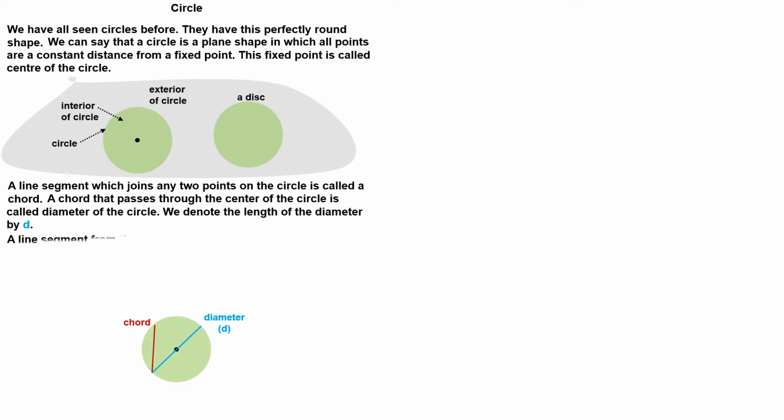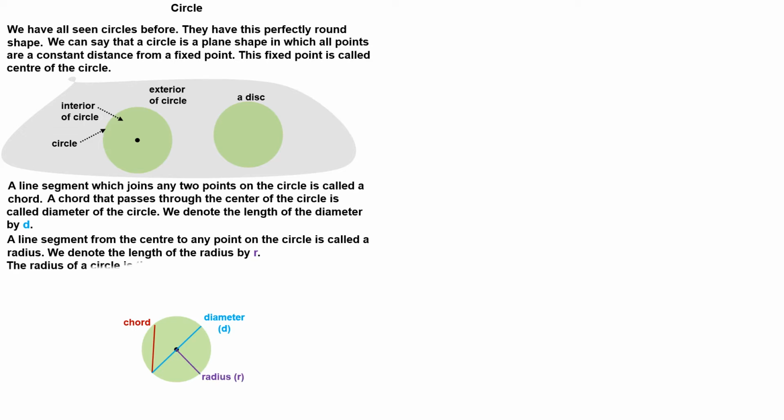A line segment from the center to any point on the circle is called the radius. We denote the length of the radius by r. The radius of a circle is the distance from the center of a circle to any point on the circle.